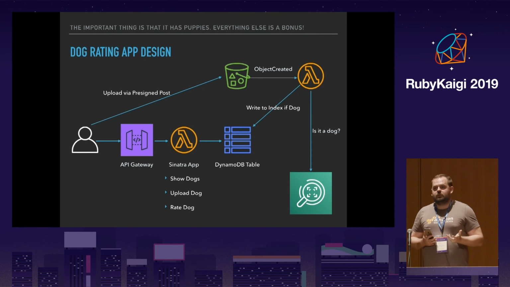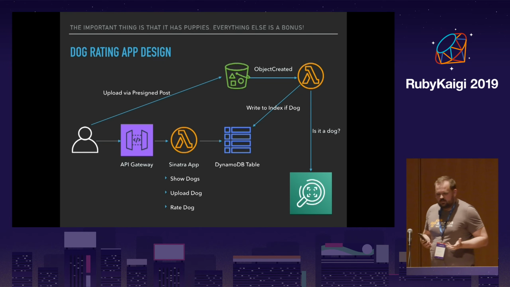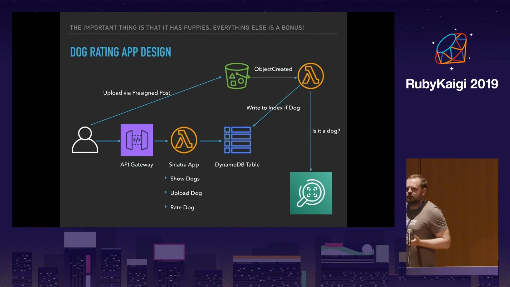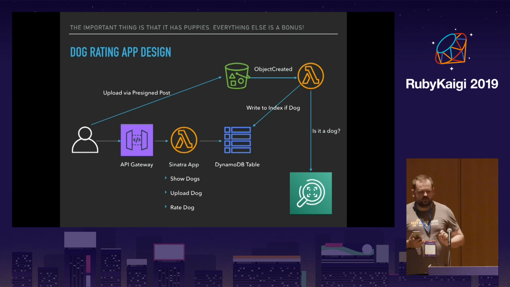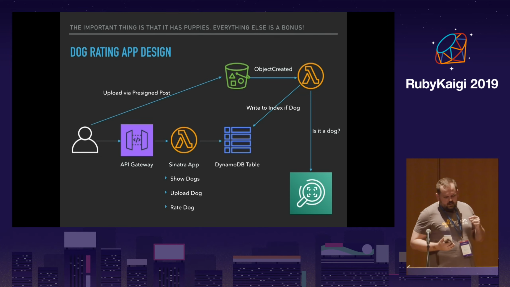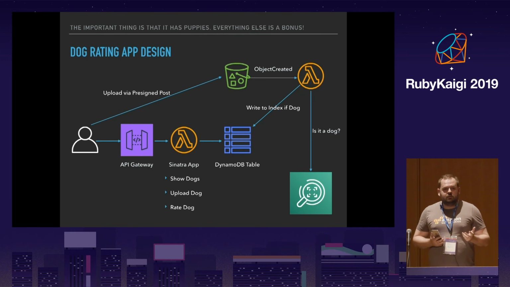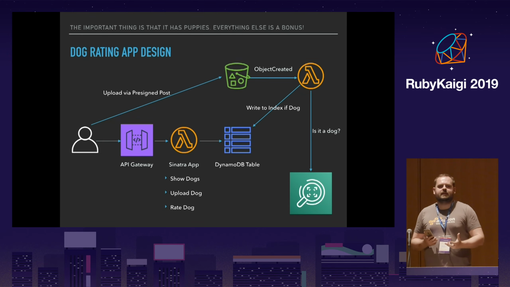And what I do for those new objects is I say, hey, Amazon Rekognition, an image recognition service, is this actually a dog? Be about 90% confident. I think I've found exactly one picture that's fooled it. And if it's not a dog, delete it. I don't want it. Don't put it on the site. And if there is a dog, then put it in the table.